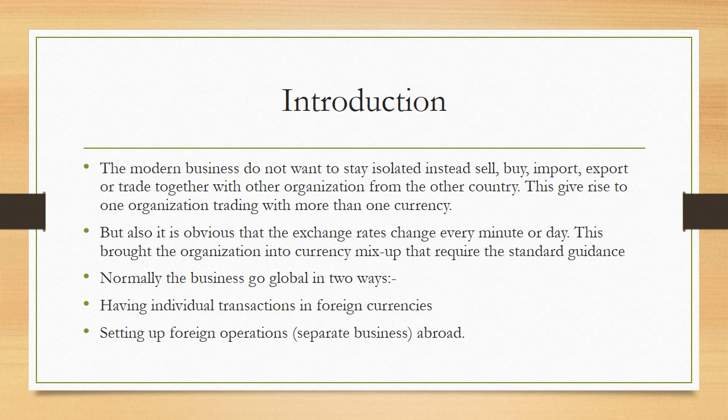Normally, the business goes global in two ways. The one way is where we have individual transactions in foreign currencies. Individual transactions, it might be we sell goods to another country or we buy goods from other countries.